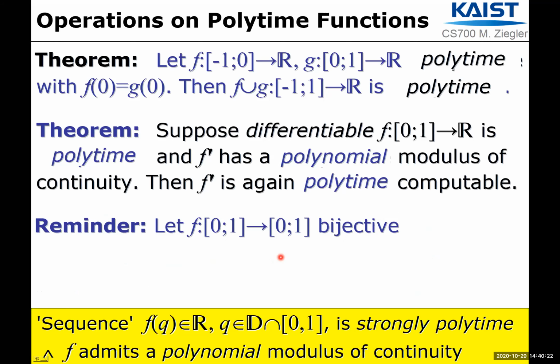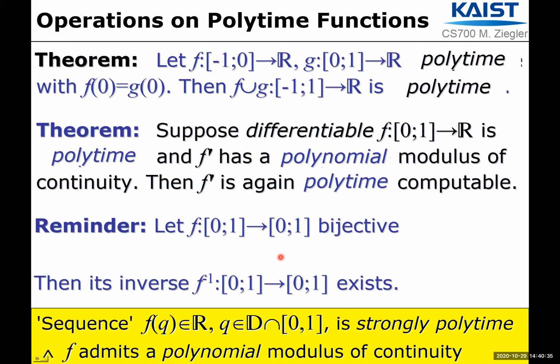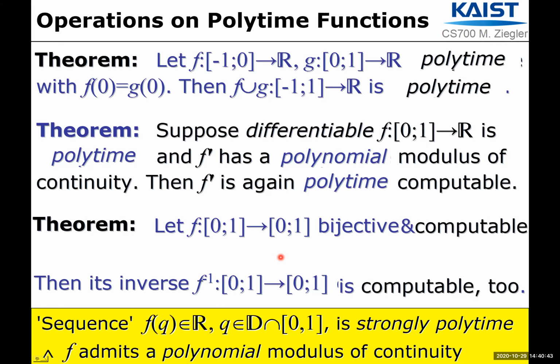Good, so that was the proof, and please keep that roughly in mind, because later in today's lecture we're going to return to that. And the third operator that we discussed that preserves polynomial time computability was the function inversion operator. So if we take a bijective function, then there's of course classically an inverse. If the function is bijective and computable, then also its inverse is computable.